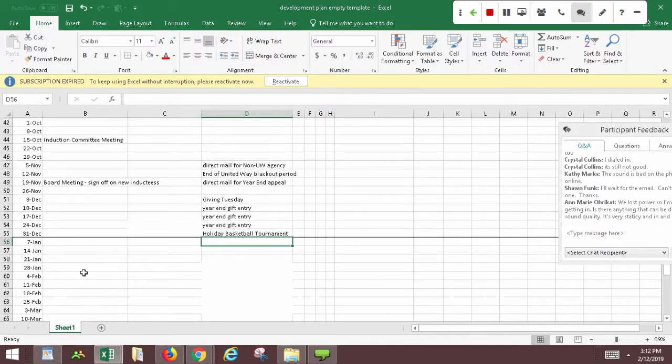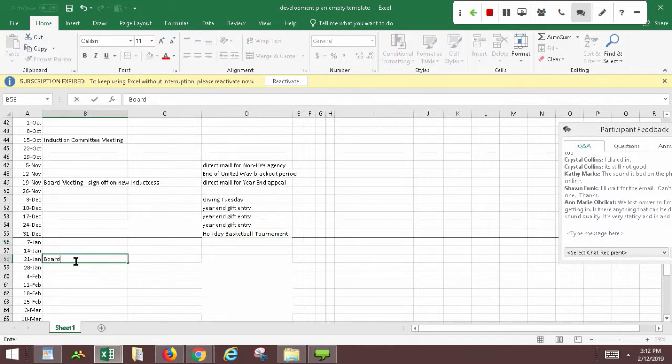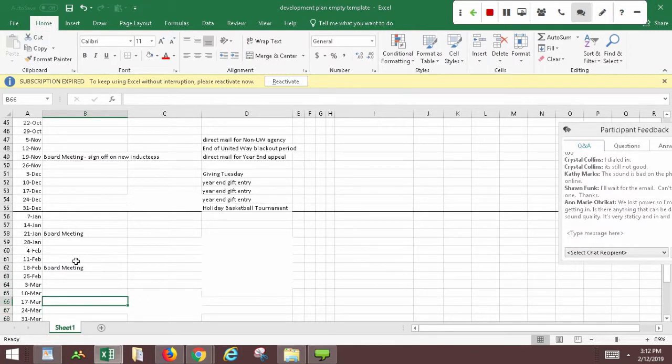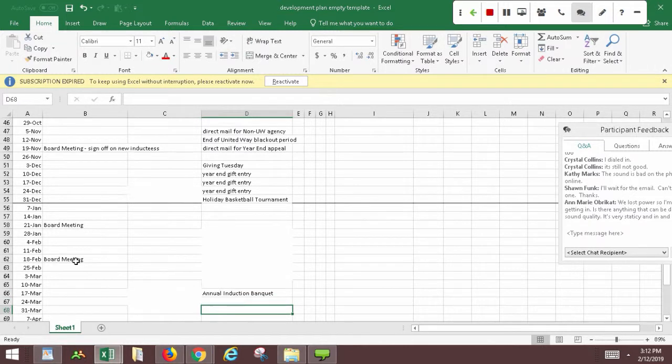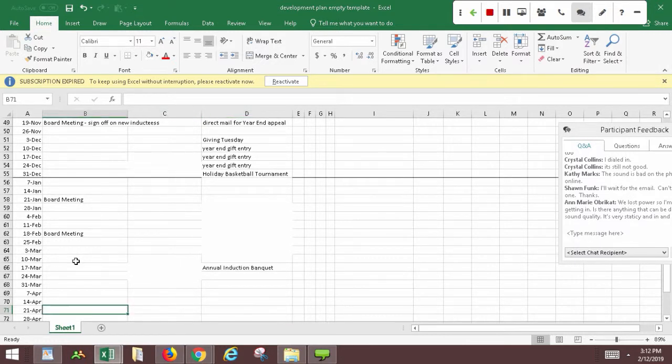Then we went into January, where we would have a board meeting. 2 in a row. We'd have another one in February. No board meeting in March because that was when we had our third major event of the calendar year, the annual induction banquet where new members were inducted, and then we would have one in April, at which time next year's budget and board slate needed to be ready.